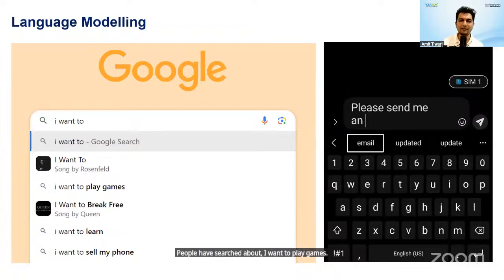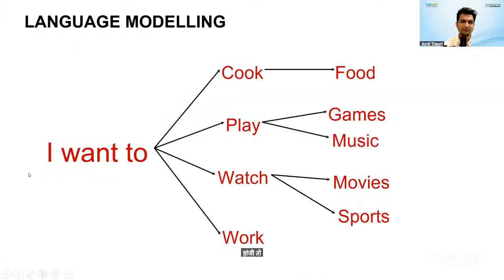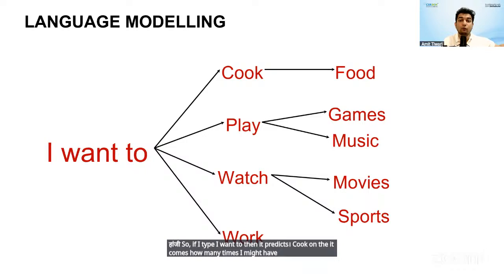Based on some probabilities, just like Netflix's recommender systems, it predicts the next word. If I type "I want to," it counts how many times I might have searched "I want to cook food," and gives that the first priority in the search. So it says "cook" can be the next word. And then after "cook," it can be "food," based on the number of times I have searched that, right?